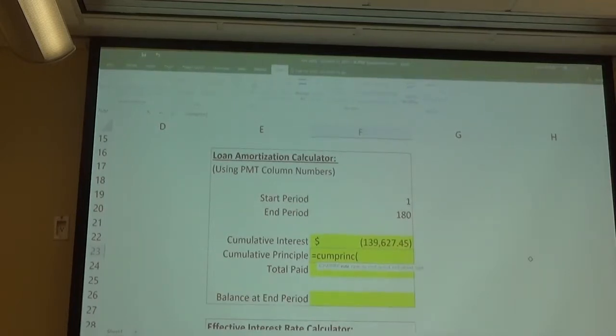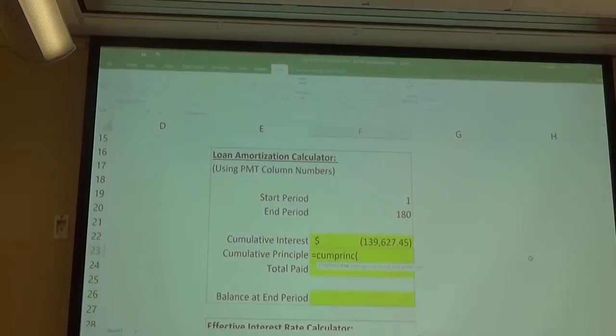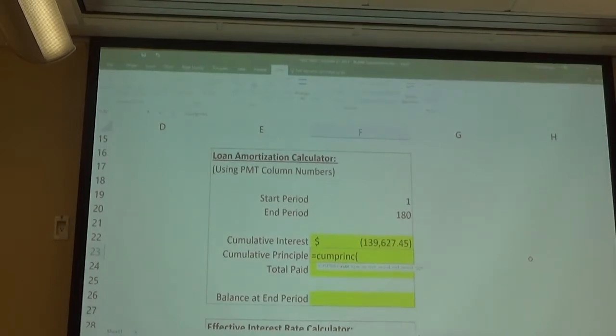Yeah, but if I don't have the numbers here correct, I don't think it'll work. Yeah, it's correct. It is the same. The equal in front of the cumulative payment, just like it is on the screen. Equal. CUMIPMT.